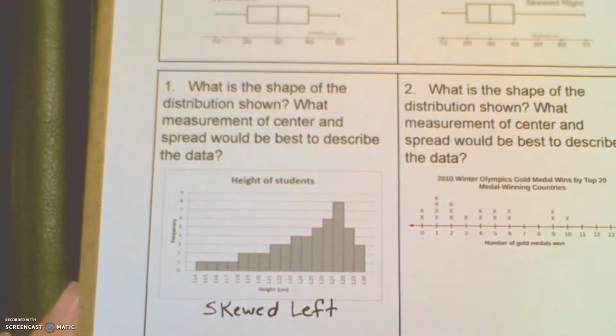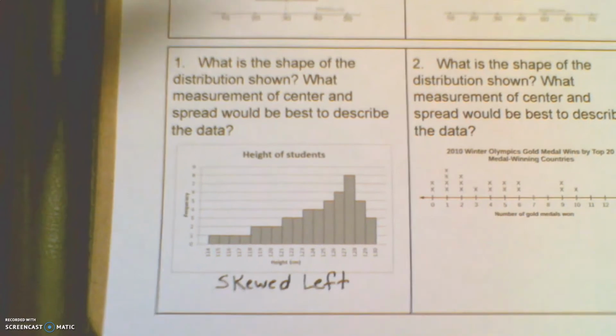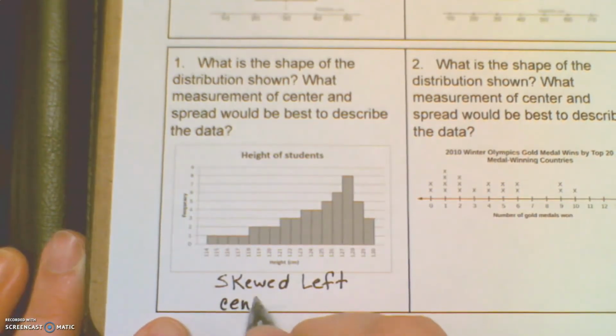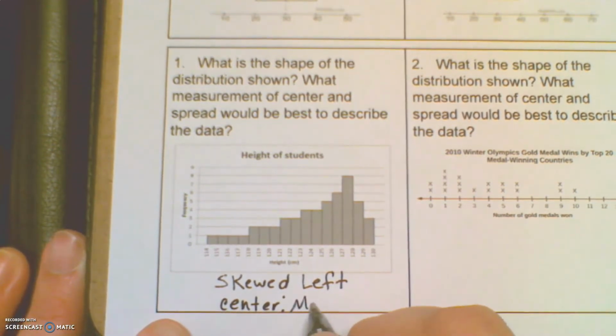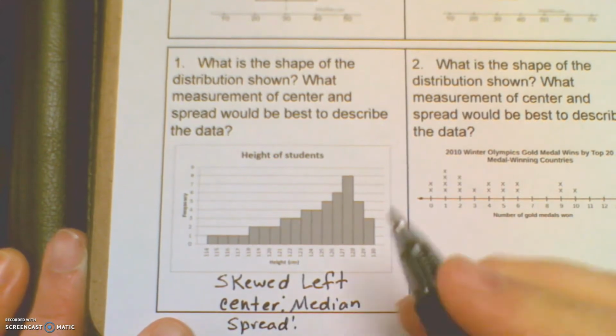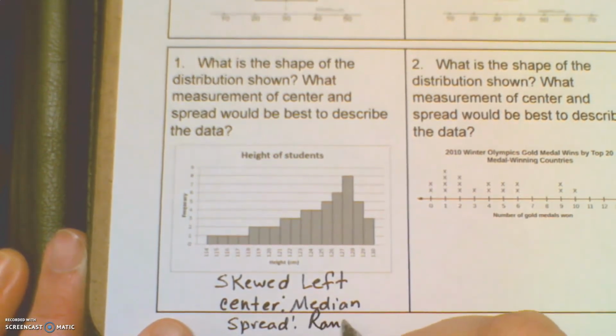When you are skewed to the left, your best measure of center is the median, and for the best measure of spread, you would use both your range and your interquartile range.